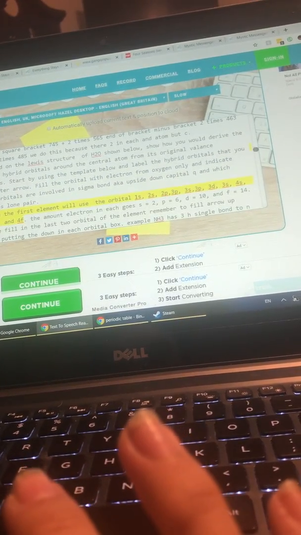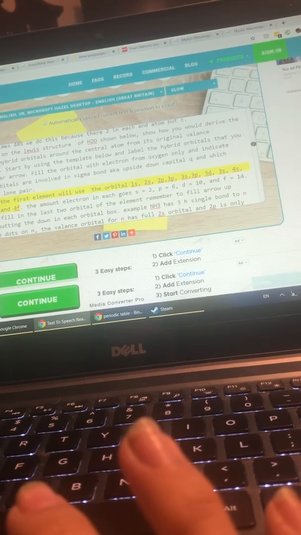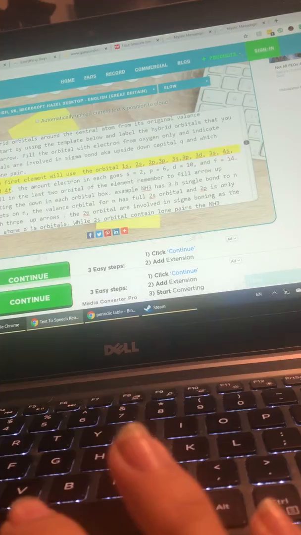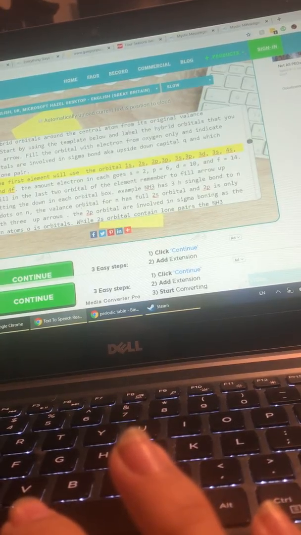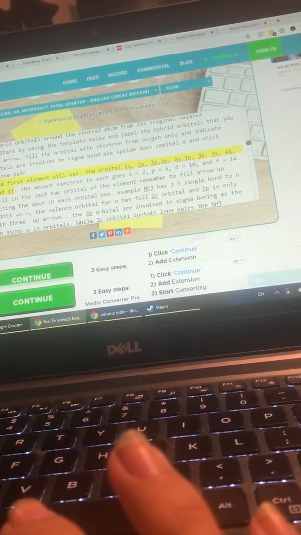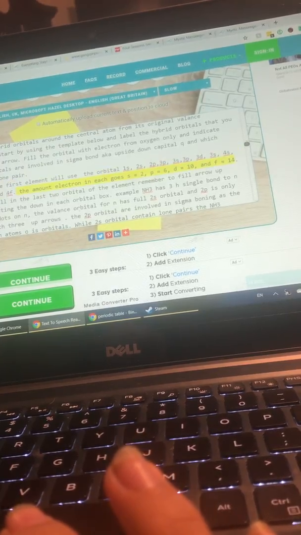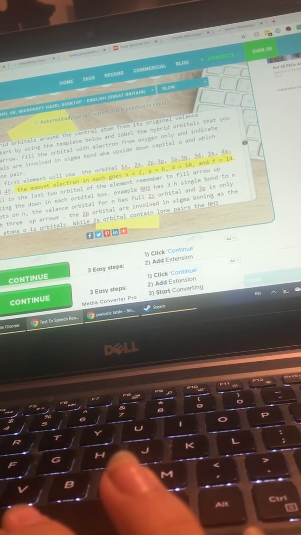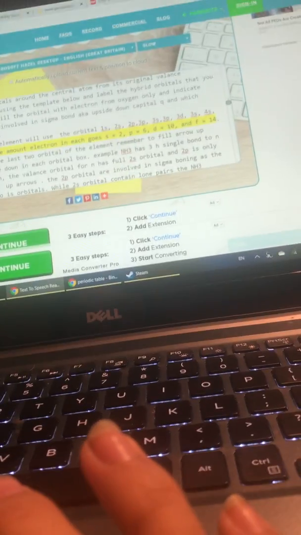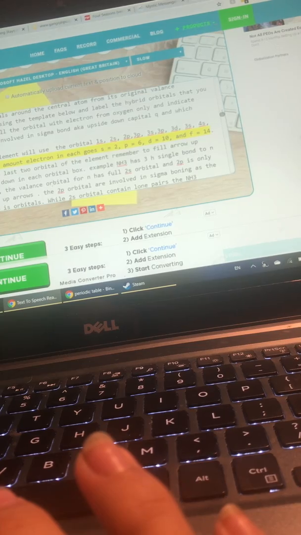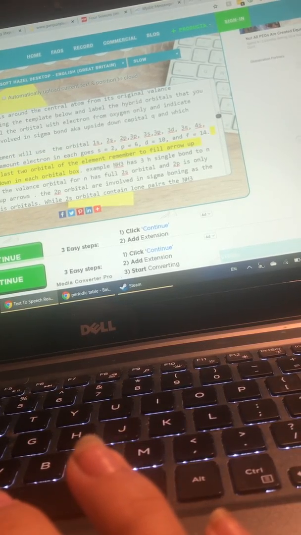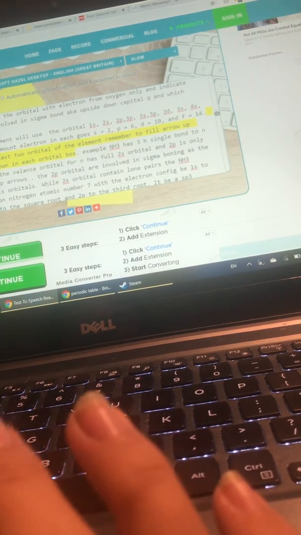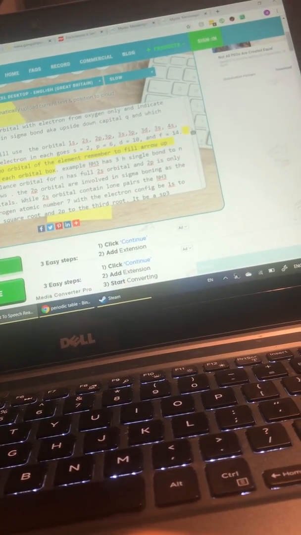Explain: the first element will use the orbitals 1s, 2s, 2p, 3s, 3p, 3d, 4s, 4p, 4d, and 4f. The number of electrons in each goes s equals 2, p equals 6, d equals 10, and f equals 14. Example: fill in the last 2 orbitals of the element. Remember to fill the arrow up before putting the down in each orbital box.